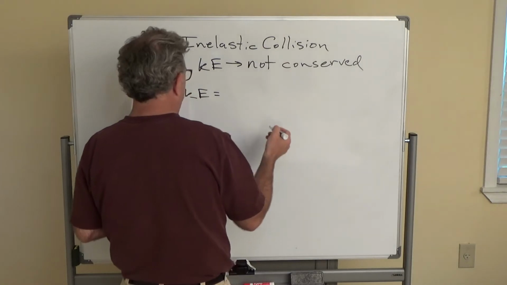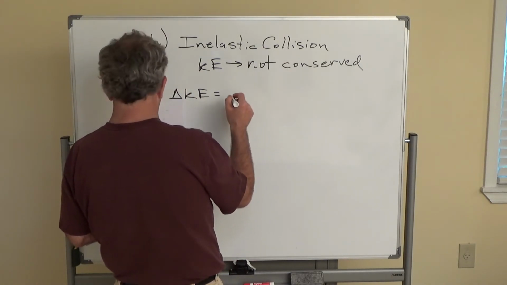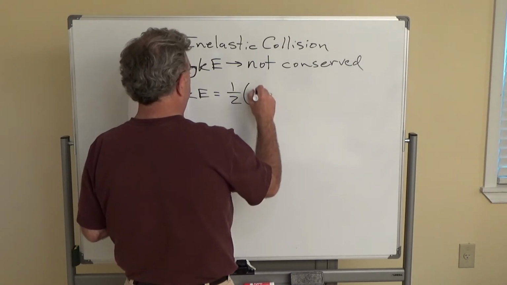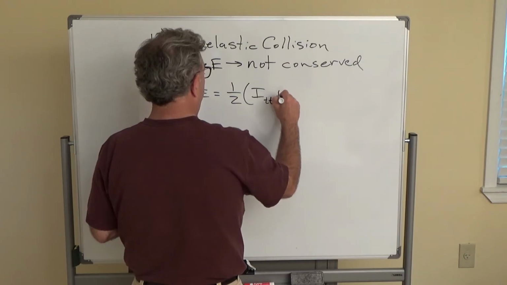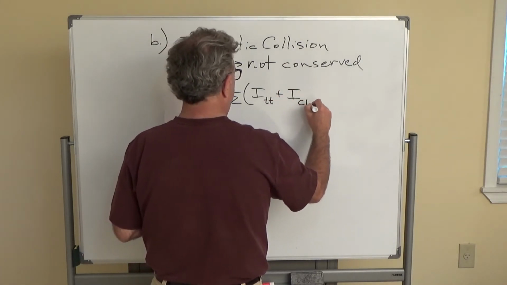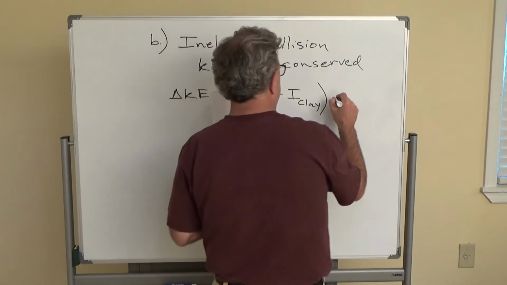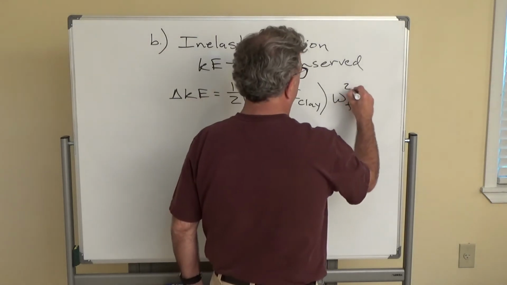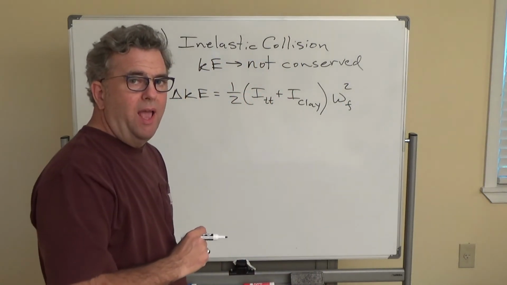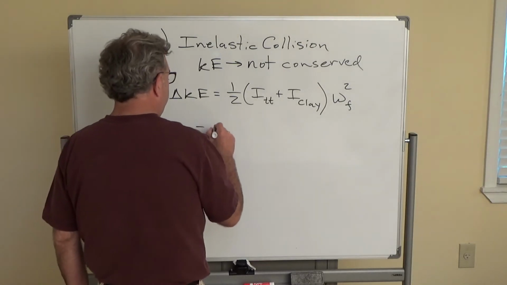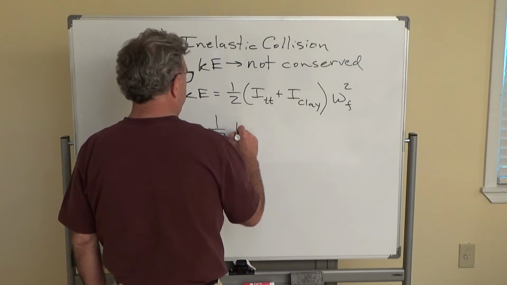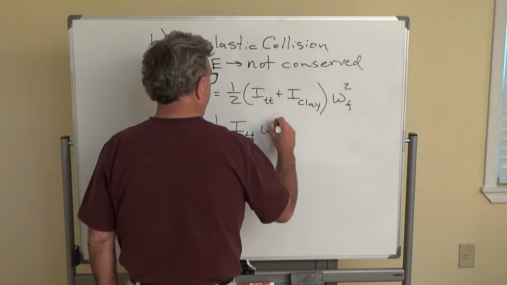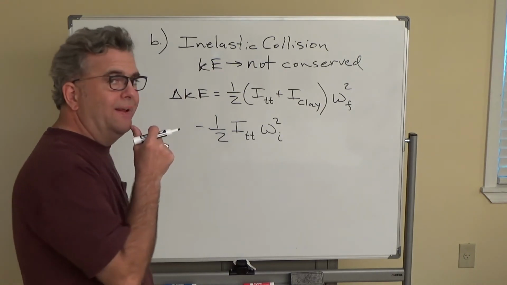You need the final kinetic energy, which is 1/2 I of the turntable plus I of the clay times omega final squared, which you calculated in part A, minus the initial kinetic energy, which was just 1/2 I of the turntable times omega initial squared.